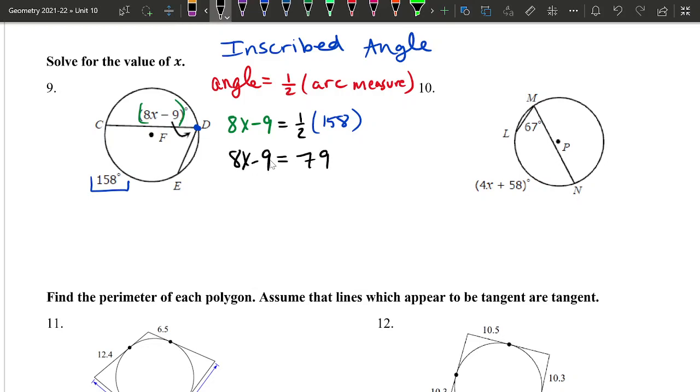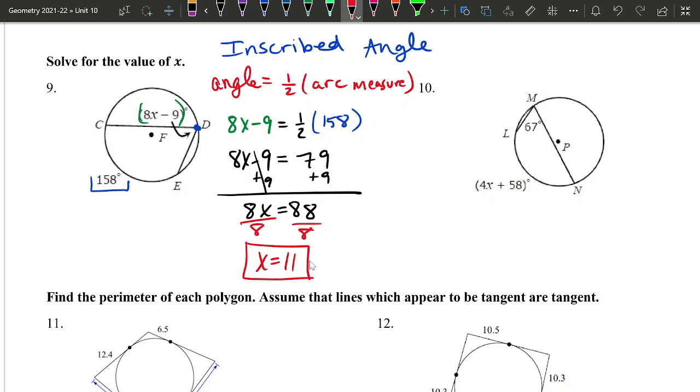So 8x minus 9 equals 79. Add the 9. And 8x equals 88. Divide it by 8, and x equals 11.